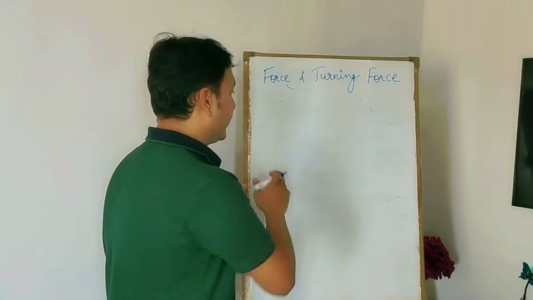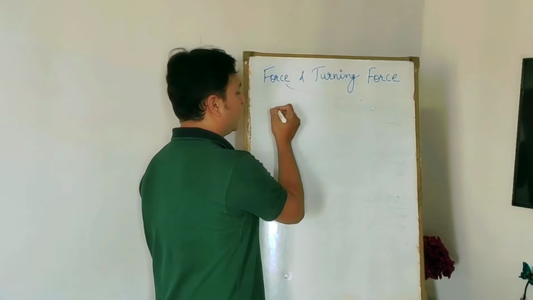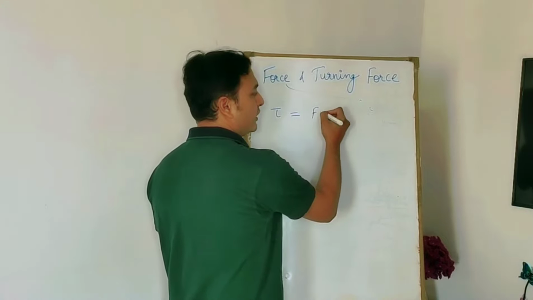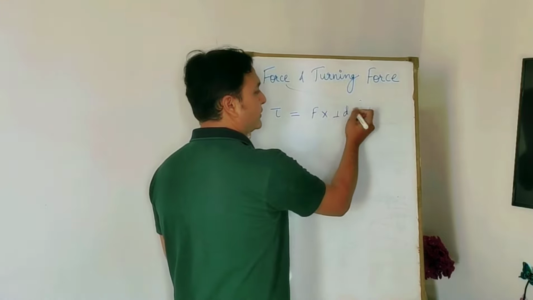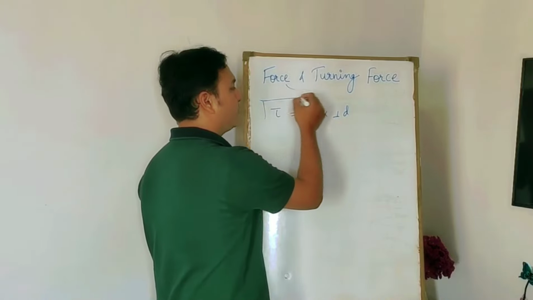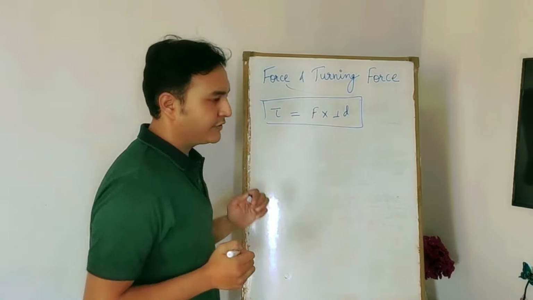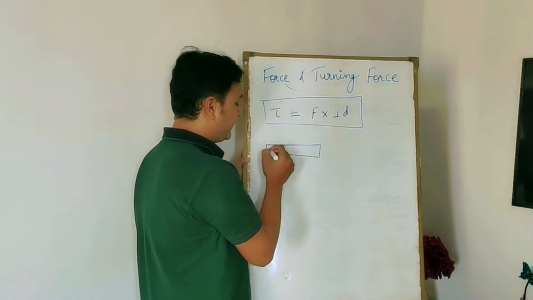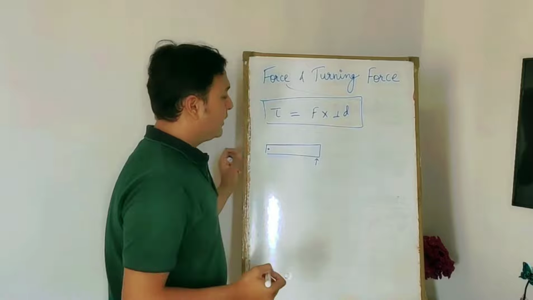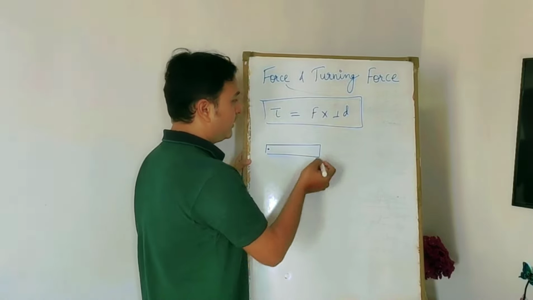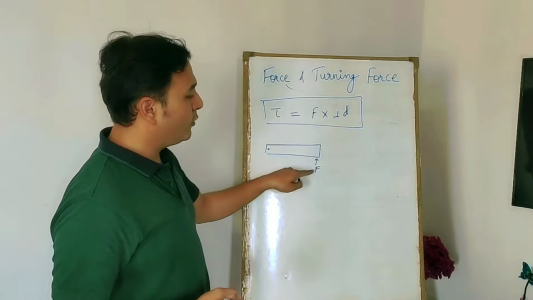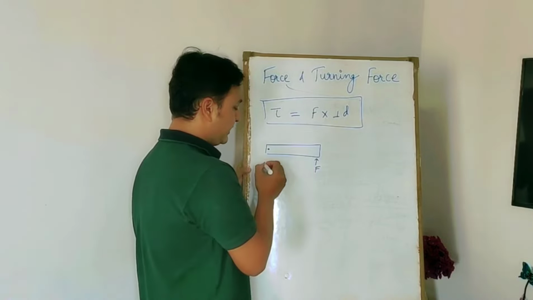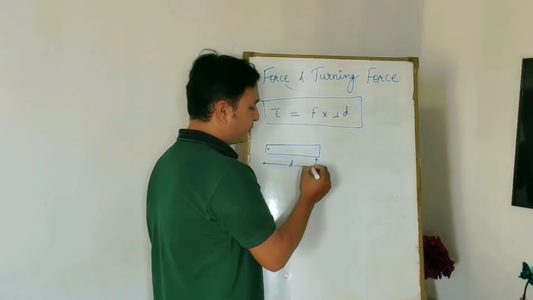Now tau is equal to force into perpendicular distance. Let us take again that same example. Tau will be equal to the applied force, and the perpendicular distance is the distance between these two.